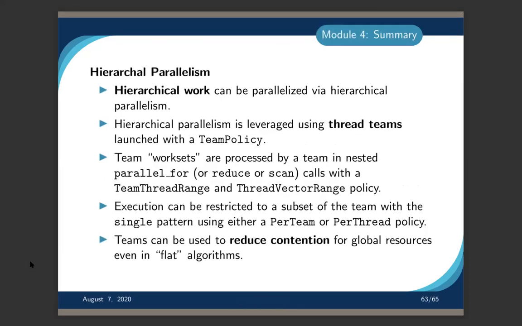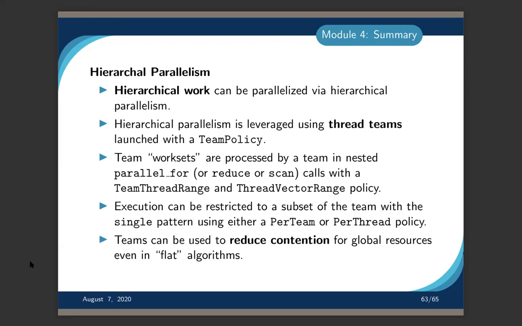Okay, with that, we reached the end of today's lecture. What we covered today was hierarchical parallelism, and we discussed how you can parallelize hierarchical work with it. We talked about how it leverages thread teams, which are launched by a team policy, and how you can use nested loops, nested parallel fors or reduces, or in some cases scans, with a team thread range, thread vector range and team vector range for each of these work sets.